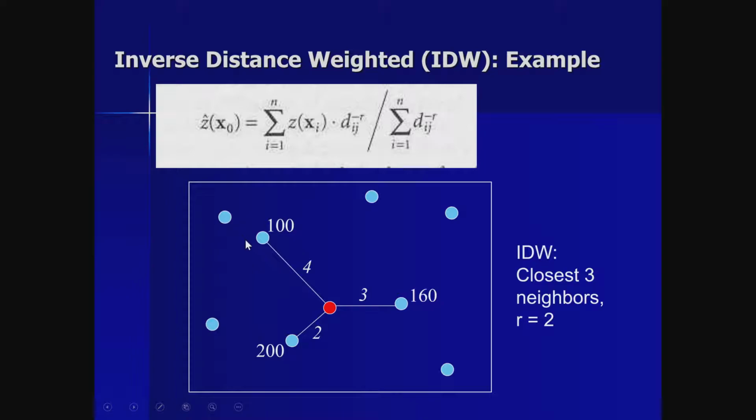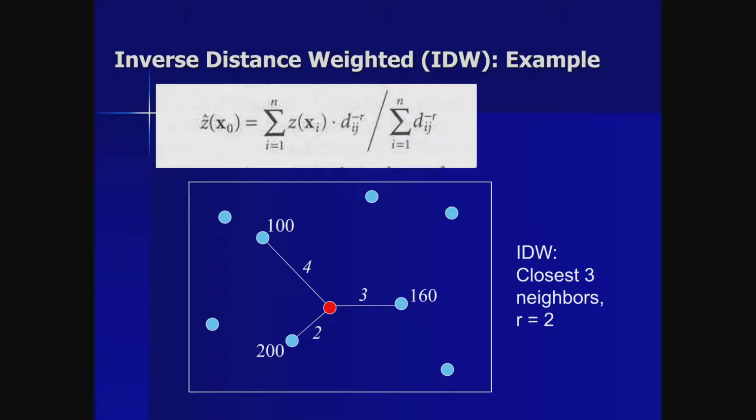So they could represent temperature, they could represent precipitation. Those are the values we're trying to interpolate a surface for. So we would expect that the value at that red location would be somewhere between 200 and 100. We're doing interpolation, and we want to create a surface in between 3 points that have a value of 100, 160, and 200.